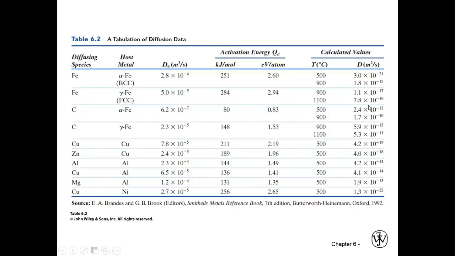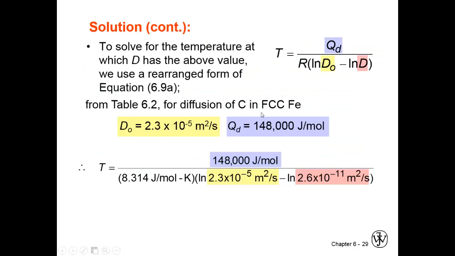It's much higher here because carbon is a much smaller atom and goes into interstitial sites rather than substitutional sites. So again, this is copper going into copper, zinc going into copper, aluminum and aluminum, and so on. And finally, we have our temperature equal to 1300 K, or 1027 degrees C.